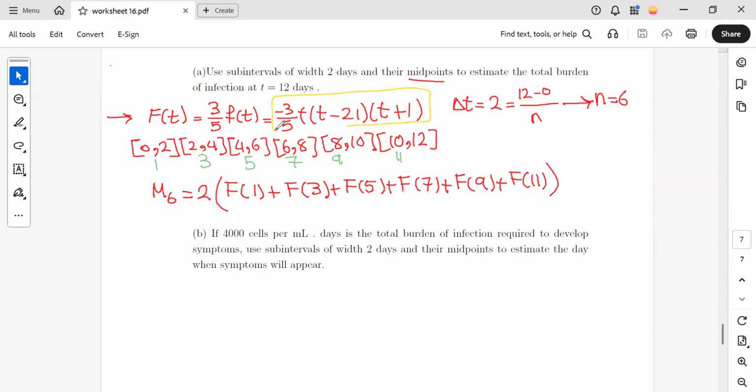Using this calculator, putting t as 1, then 3, then 5, and all the way to 11. These are the numbers that you get.